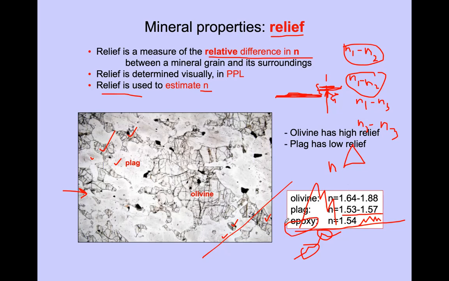It's a common name, but the epoxy that we use for pasting these samples, we call petropoxy. It's a kind of commercial name. It gives a 1.54 refractive index, which is almost identical to the glass. So that's why plagioclase shows low relief, whereas olivine shows high relief, because the relative difference is high.